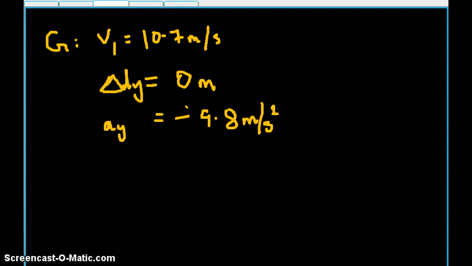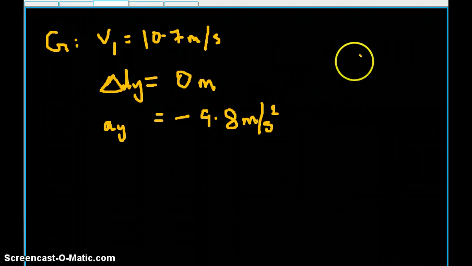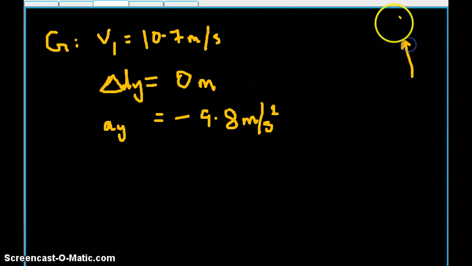It's because the acceleration due to gravity is always pulling things down, and as a rule of thumb, you generally define any upward motion as positive. And I really should have said that in the beginning. So any upward motion is positive, and because acceleration due to gravity is pulling it down, I'm going to say it's negative 9.8.